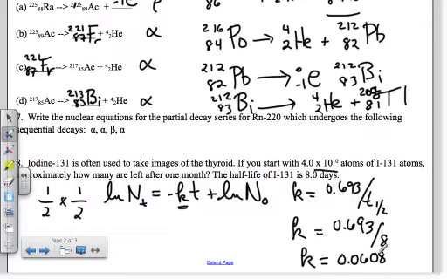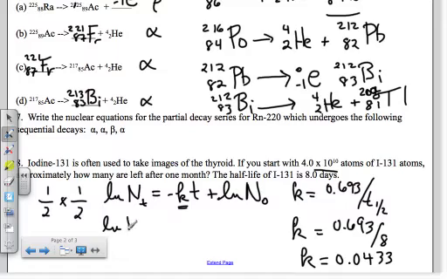So that k is, let's see, where is it? Number 8. 0.0433. That's for a different one. 0.0433 is our k for this one. Okay, and now I'm going to plug it in.